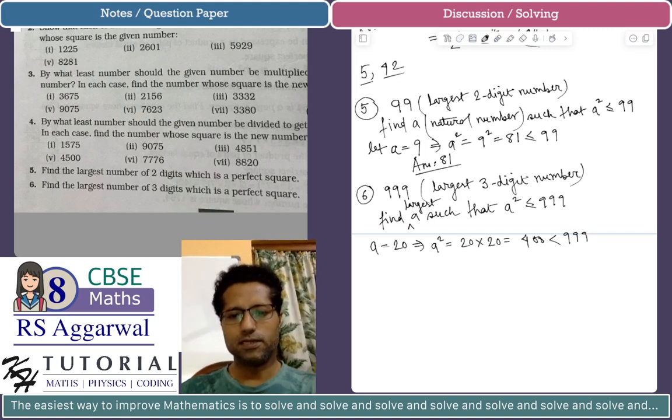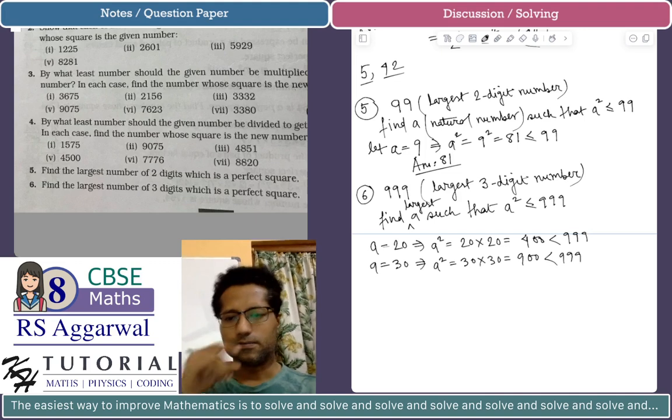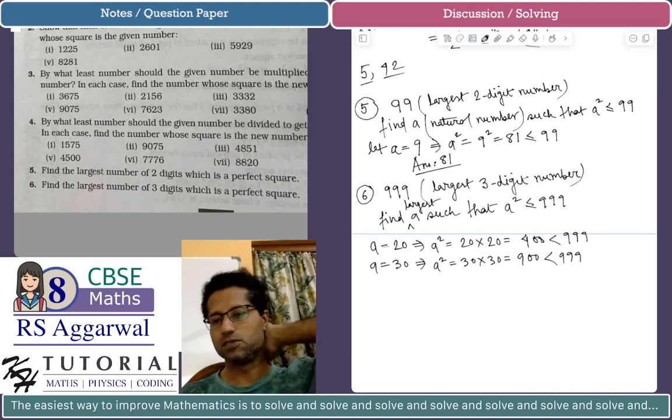So let's say now 30. This implies a square is equal to 30 into 30, which is equal to 900. We are close, which is less than 999. Now we have to be careful. You cannot consider a as 40 because 40 into 40 will be 1600, which has 4 digits.